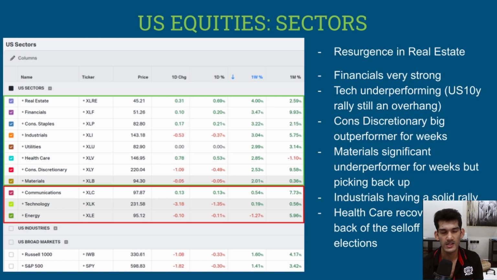So that's in line with the election of Trump, because with Trump, what that means is there's going to be less red tape. It's going to incentivize more businesses to be formed or to keep expanding. And of course, financials are going to be big beneficiaries of that, incentivize more business activity.